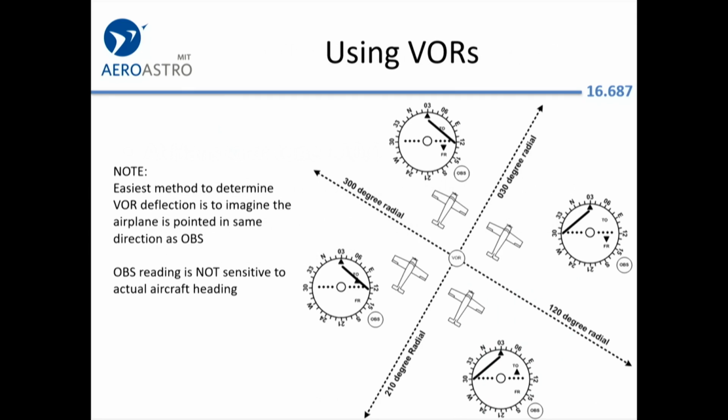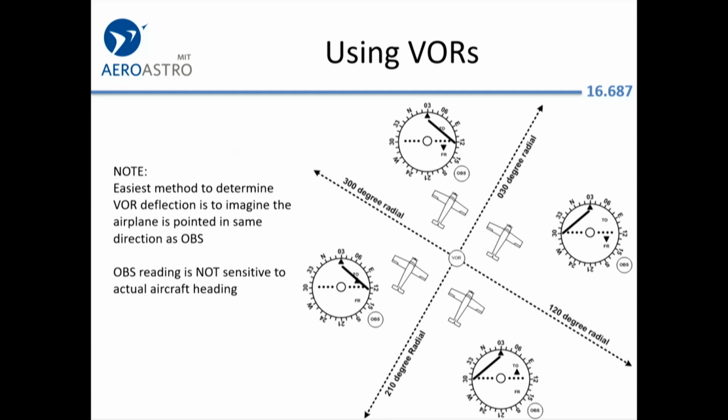All right, let's have a look. You're going to probably have to study and think about this a little bit more at home. But one easy way to think about this is to sort of build yourself a virtual HSI. So if you see a test question and it shows the indicator set up to tune to like the 030 radial, just draw a little airplane or imagine an airplane actually heading northeast on a 030 heading.